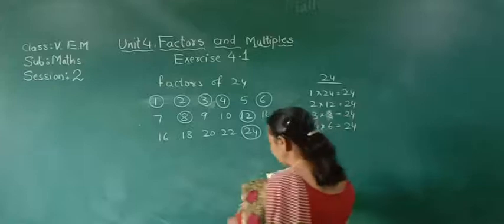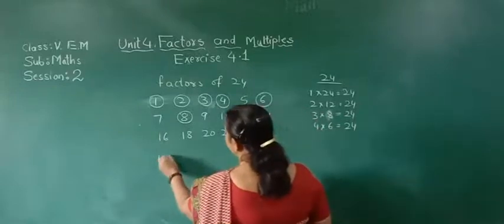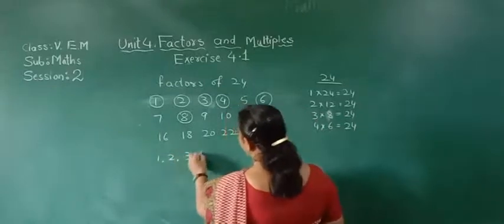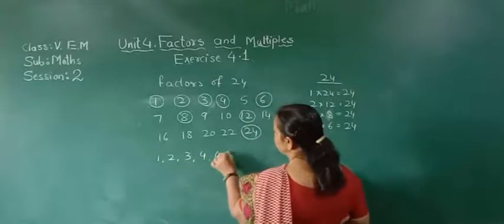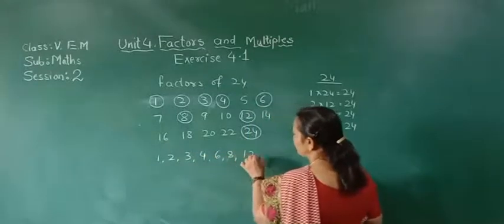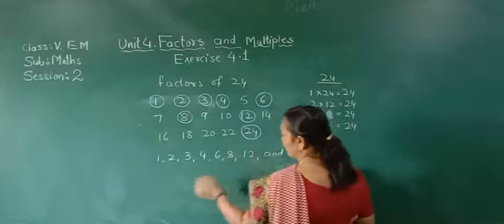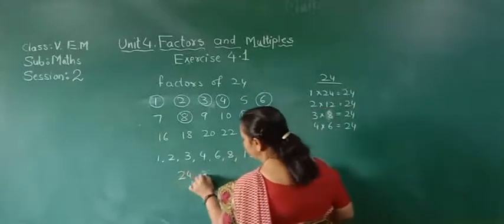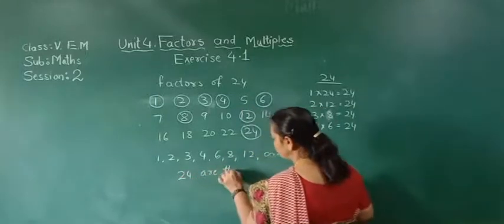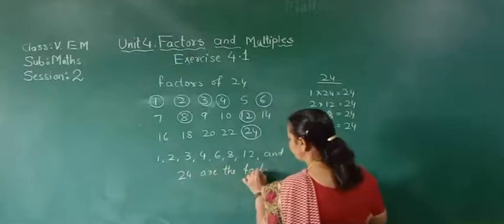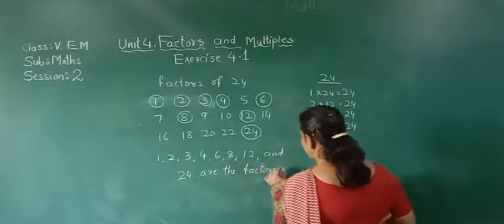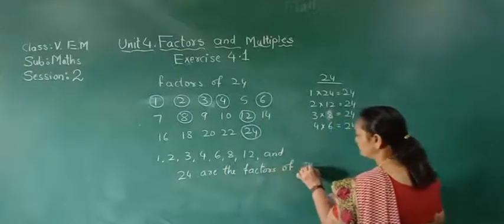So here let me write the answer. 1, 2, 3, 4, 6, 8, 12 and 24 are the factors of 24.